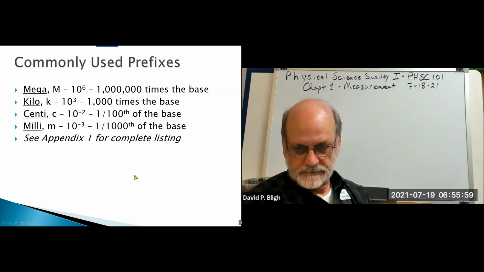Or if you write this, what is that? That's a megaliter. That's a million liters. That's not a milliliter. Right? So it's important that you know what these units of measure are, their abbreviations, and actually, that's wrong.